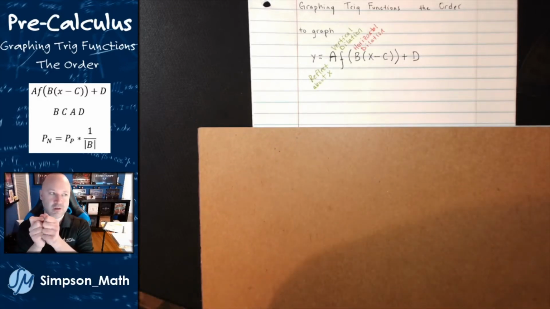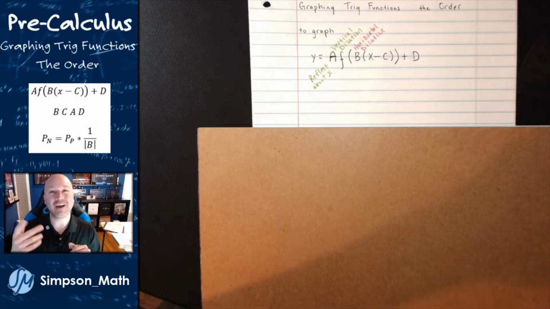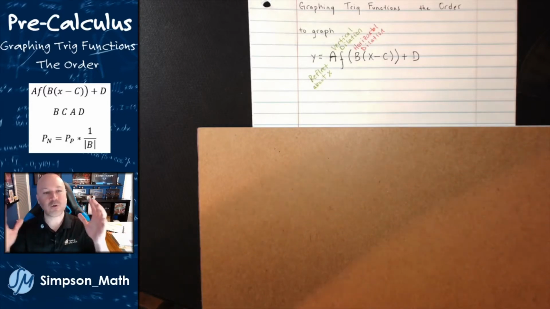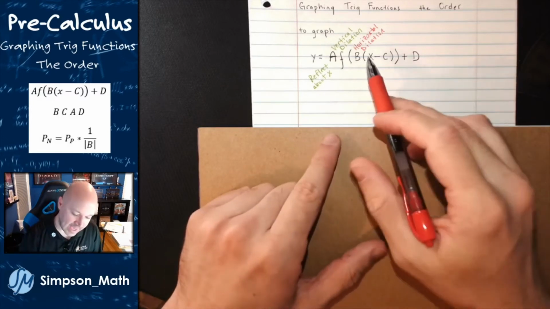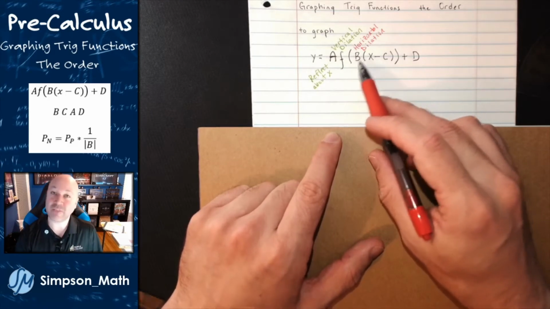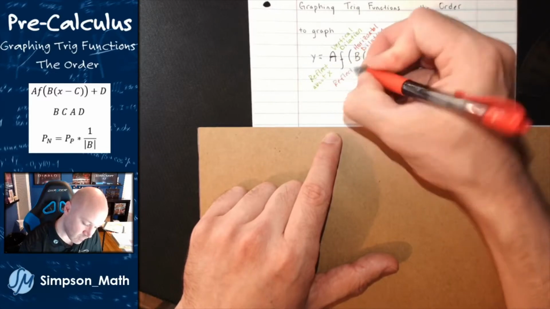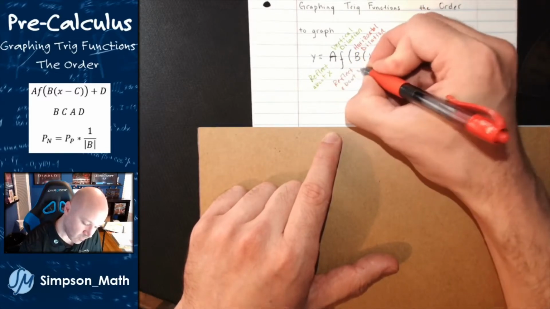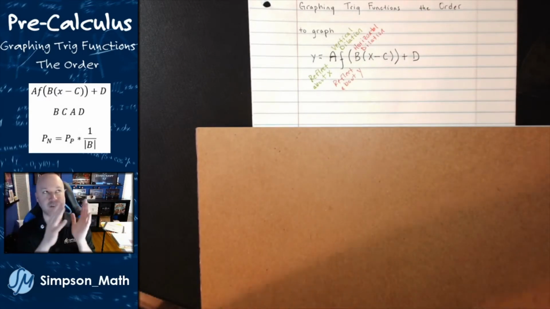If b is a fraction less than 1, so something like a third, we'll multiply those x values by 3. So that's the horizontal dilation, compression and stretching. And like A, if B is negative, it's a reflection, this time about the y-axis. Again, it's affecting the x values. So if you have a positive x value, it's reflected to the negative axis.